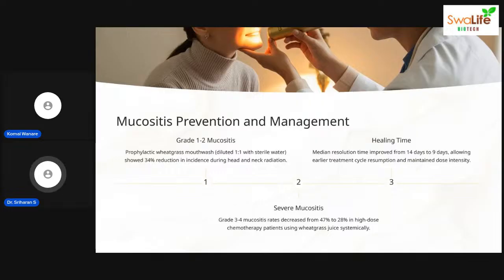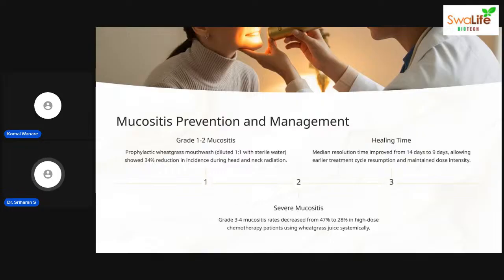So, mucositis prevention and management. Why mucositis? If a cancer patient takes very powerful drugs, goes for chemotherapy, and goes for radiation too, they get painful inflammation in the mouth.